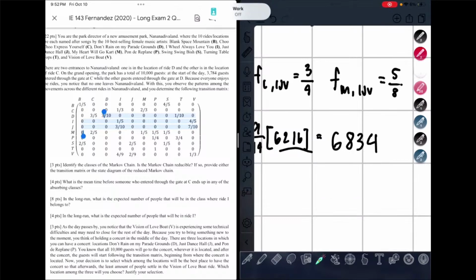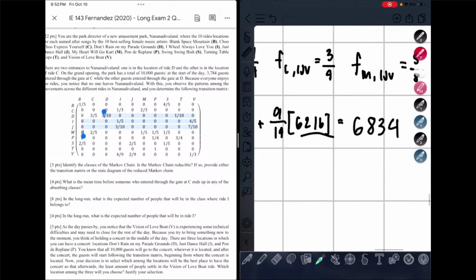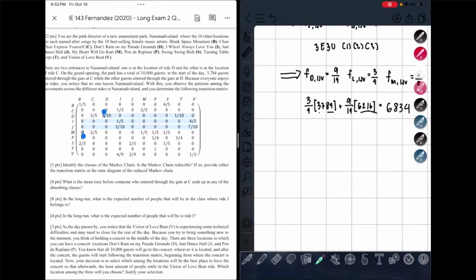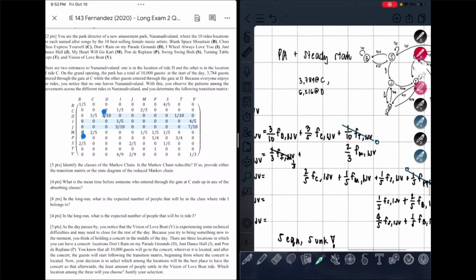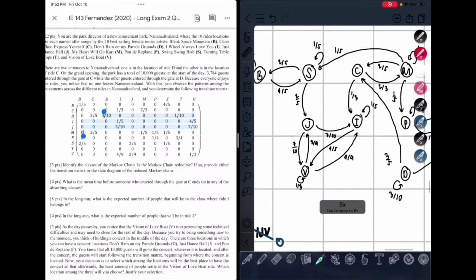Okay. Next is how many will go to ride I specifically. The way we do that is we just break this down. So, this is a recurring class.